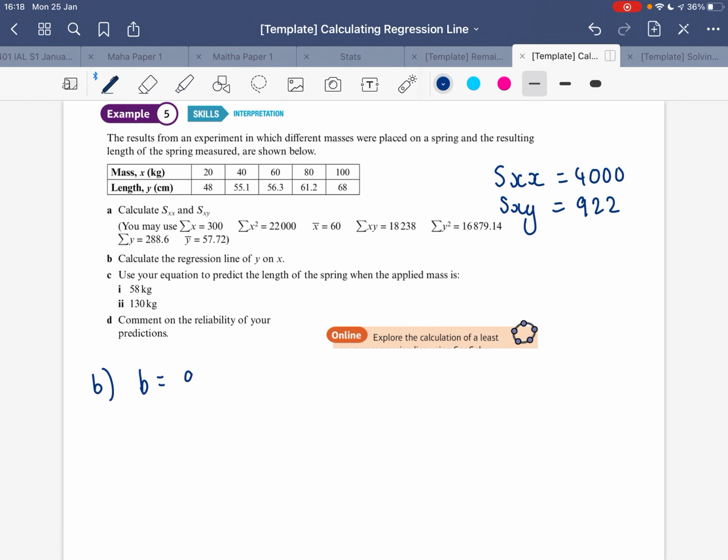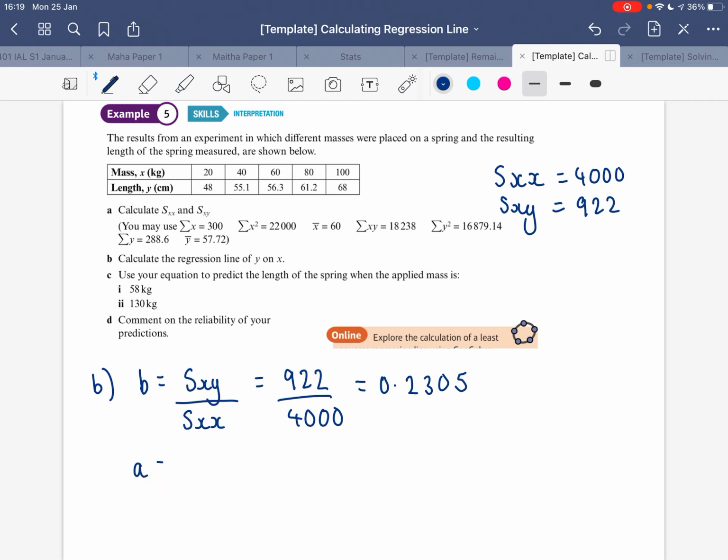So that is 922 over 4,000, which is equal to 0.2305. That is our gradient, that's our b.